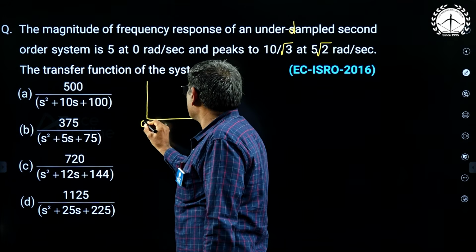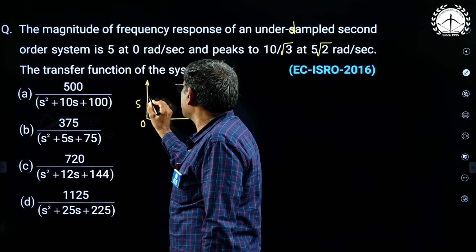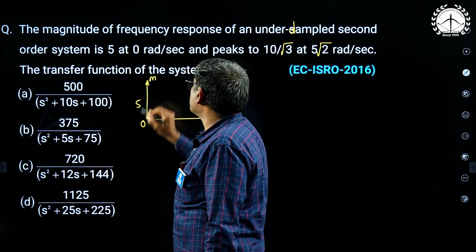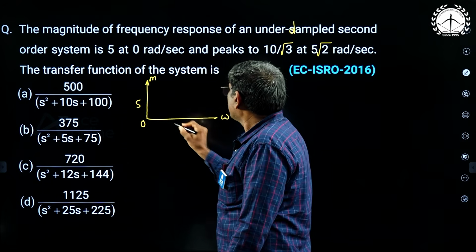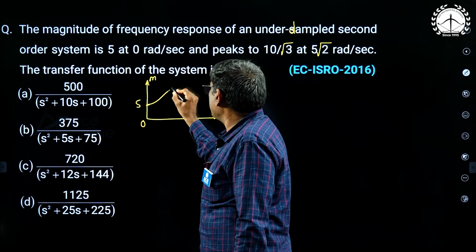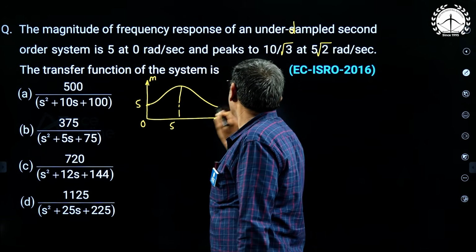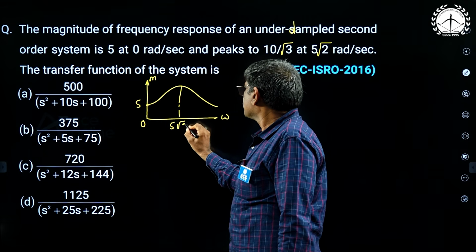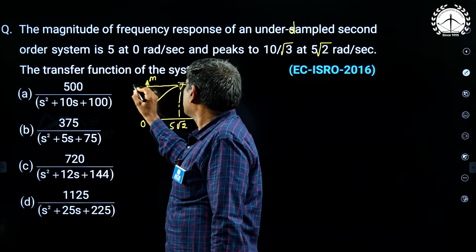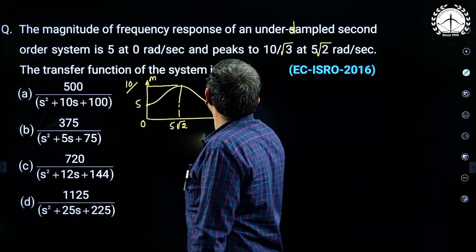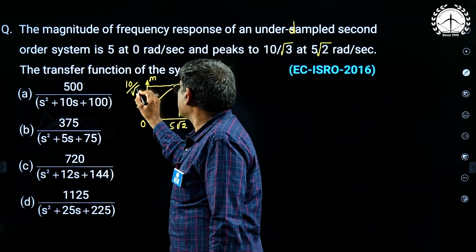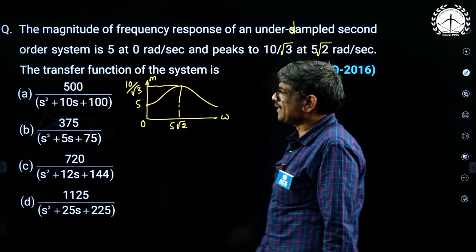At omega 0, the magnitude given is 5. And at resonant peak, at resonant frequency 5 root 2, the magnitude given is 10 divided by root 3.